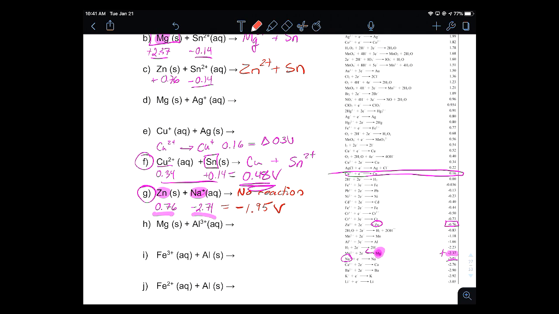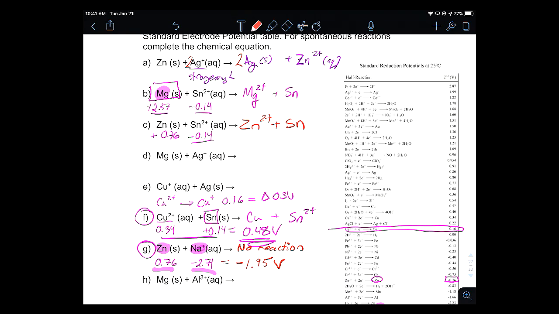Yeah. So this is 0.34. And then the tin is now tin metal, right?